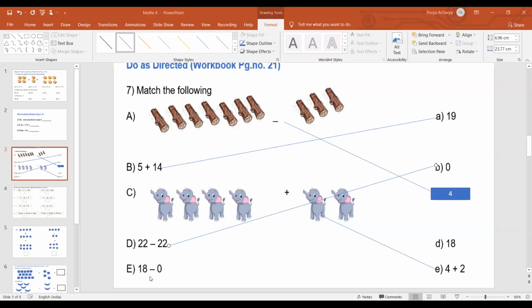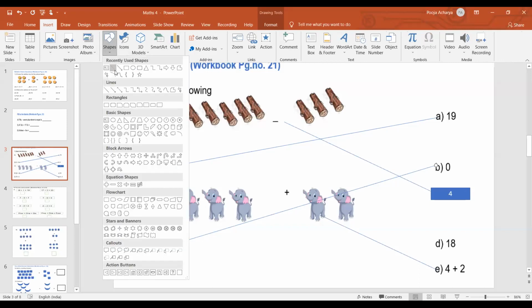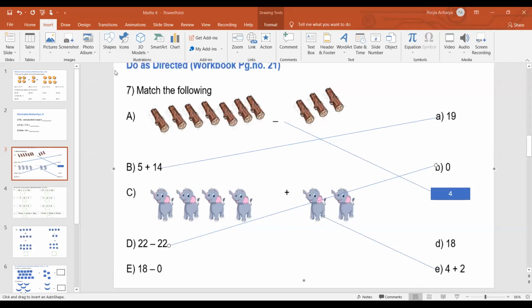Then 18 minus 0. This is different. Any number subtracted by 0, that number only will be the answer. So 18 minus 0 is, tell me. Yes, very good. 18.